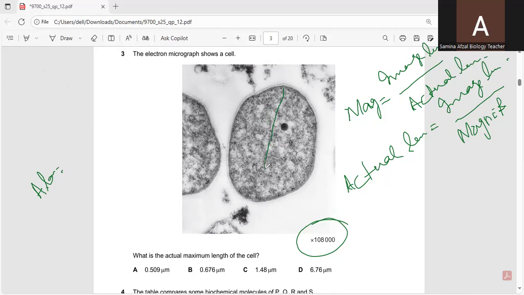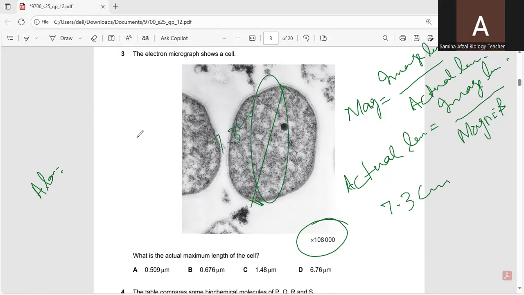So I'm trying my best, just understand. This distance, we will measure the distance between these 2 points. It is equal to 7.3 centimeter.